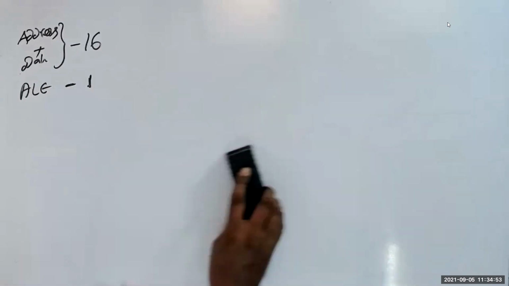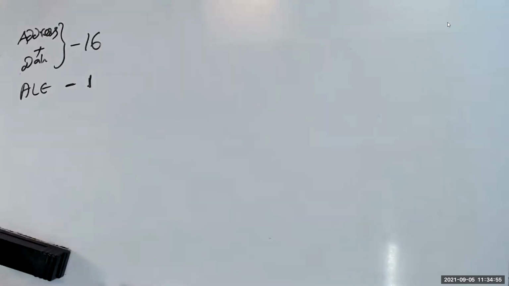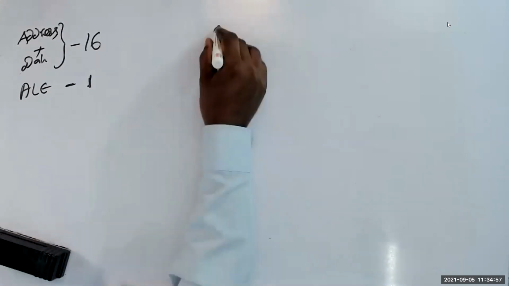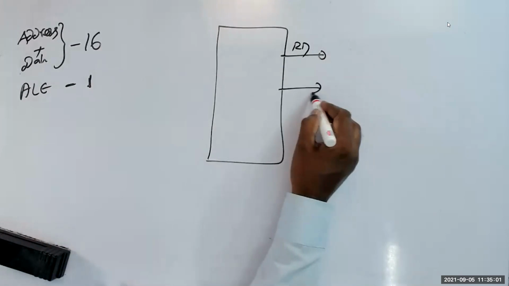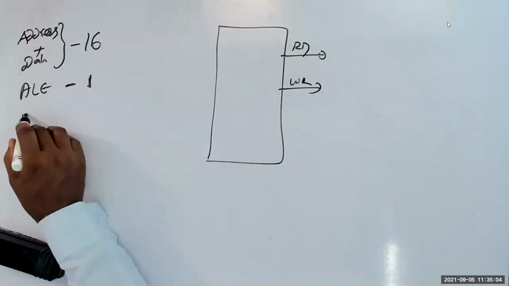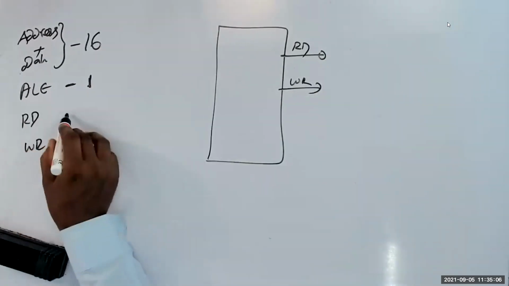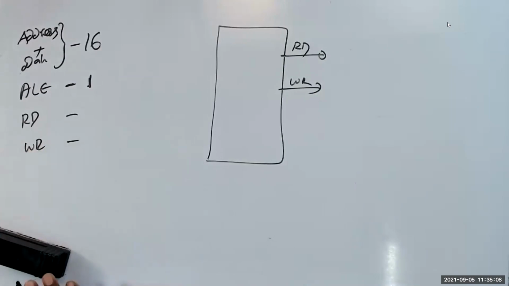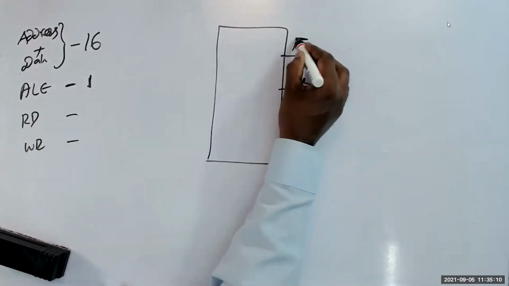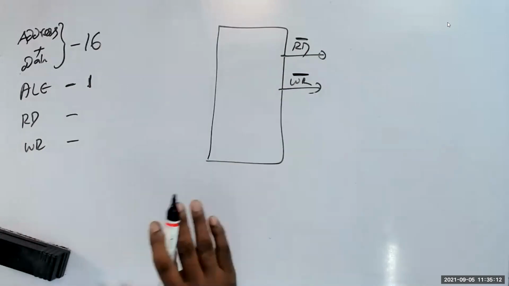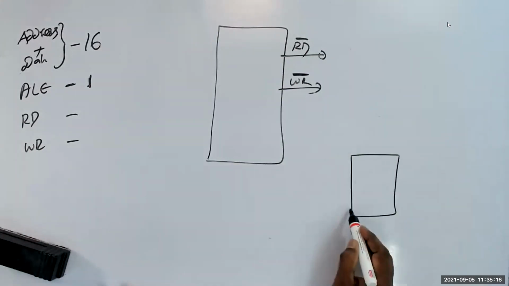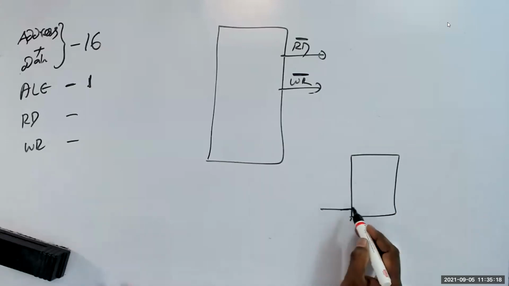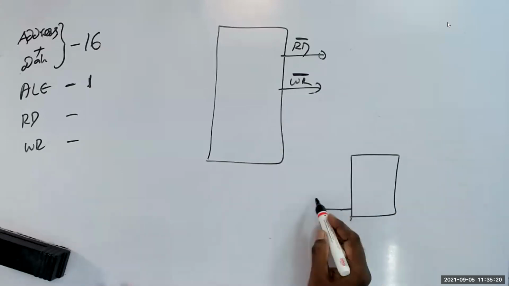Second, as usual, we have a read pin and write pin. But only a small difference. What is the small difference? They write a bar here. That means normally we think, let us say I have a control signal, the read is going as a latch.